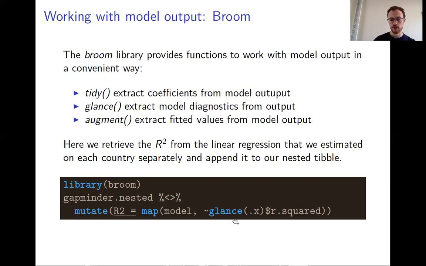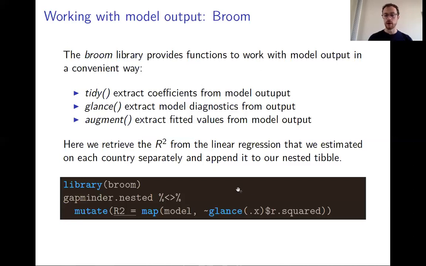And notice here that this is an anonymous function, and the .x is simply a placeholder that tells us to use the object from the model column inside the glance function, then just extract the r squared.